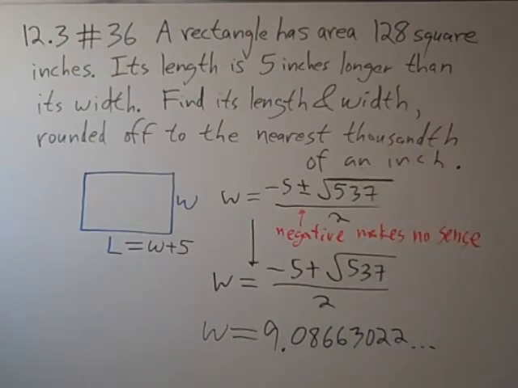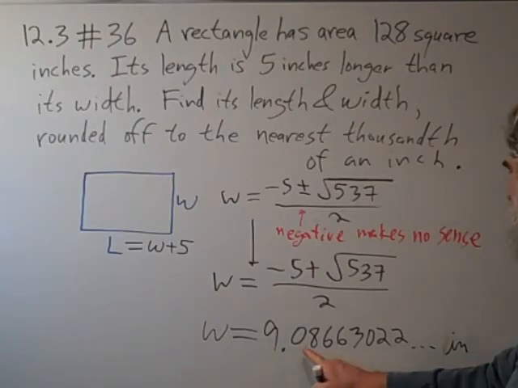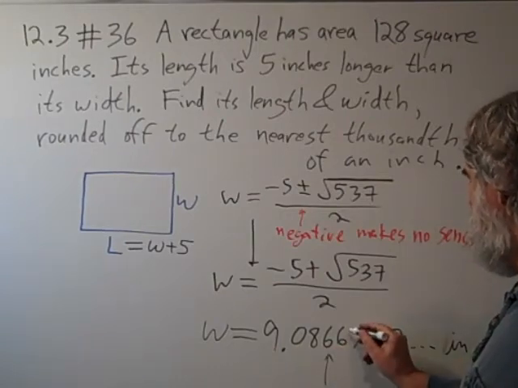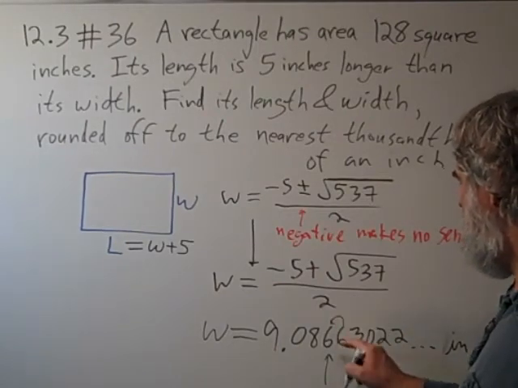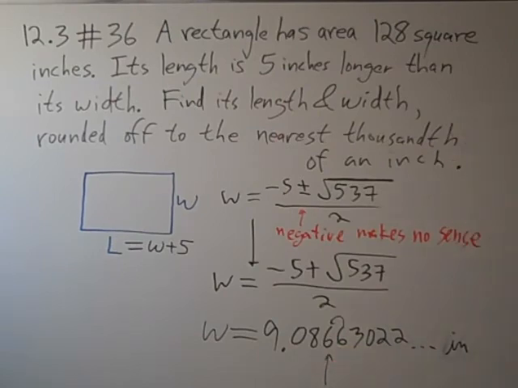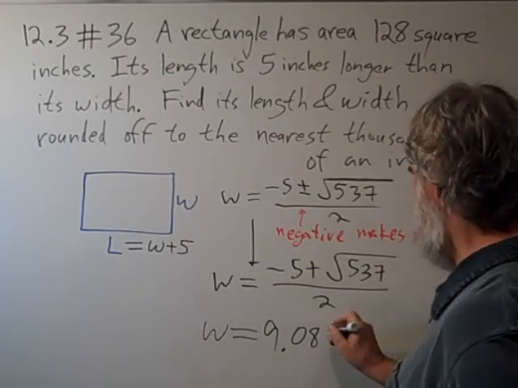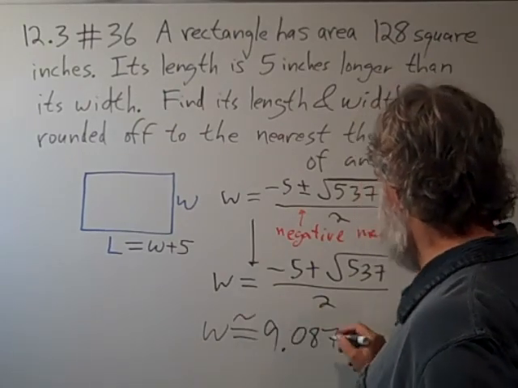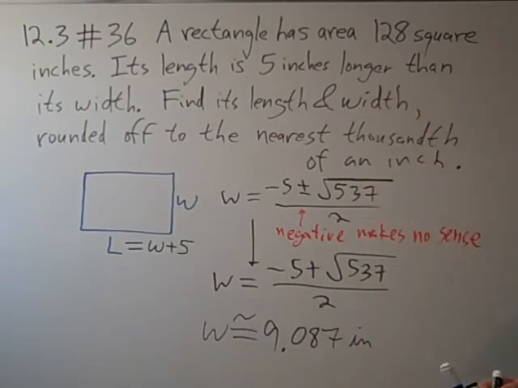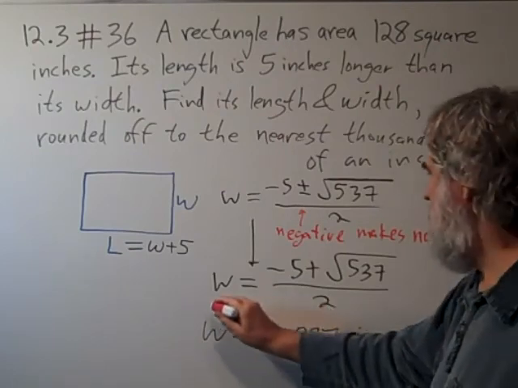But this is in inches, and to the nearest thousandth of an inch, that's tenths, hundredths, thousandth, the 6 causes that 6 to round up to a 7. So that's how many inches the width is.